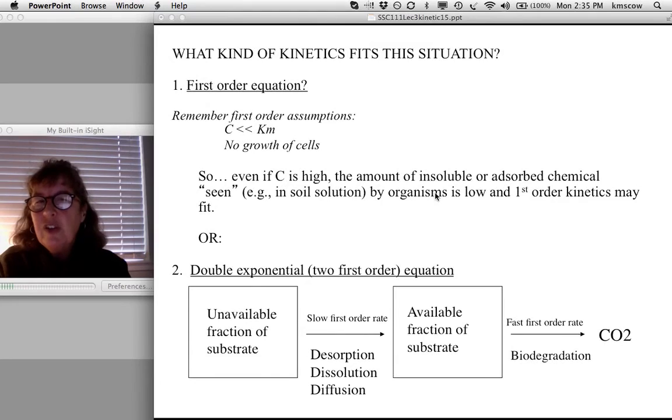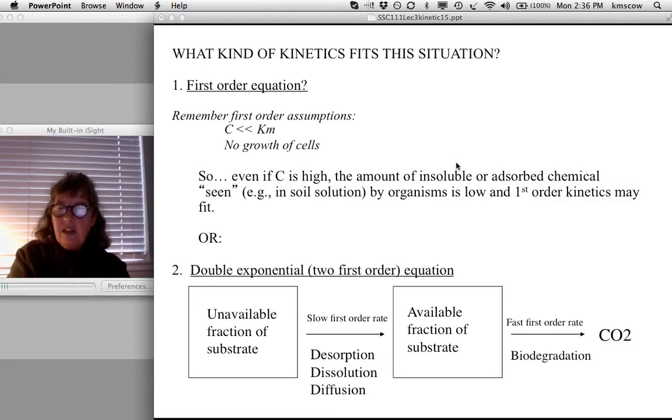Therefore, first order kinetics might do a pretty good job of describing the metabolism of that substrate, at least if you're not looking for a high level of precision.